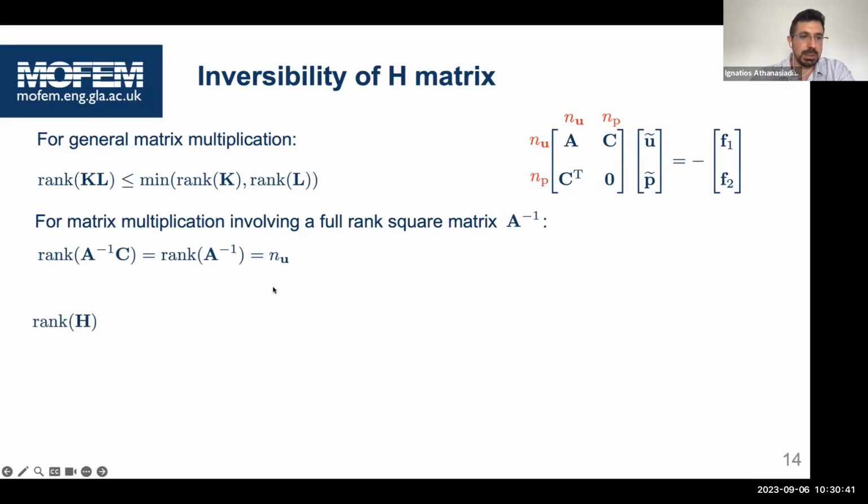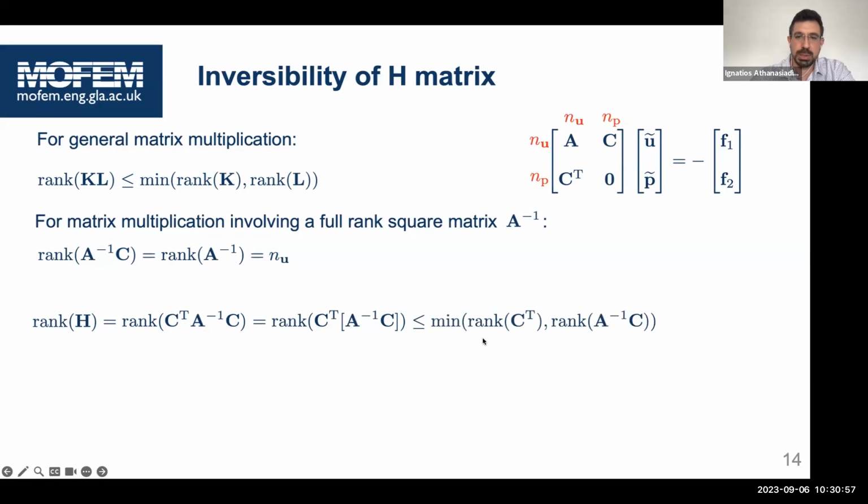So in order to understand what the rank of H is, we substitute H here by the multiplication. We can consider only the right two multiplicands as one part and the left one as another, and consider this as a multiplication of two general matrices like this, and therefore the first relationship holds.